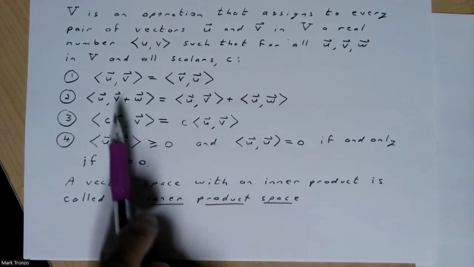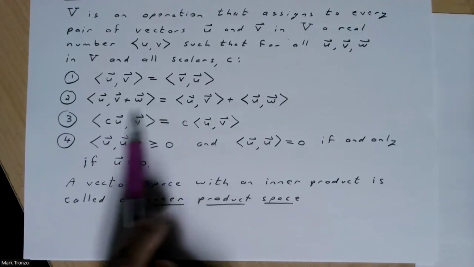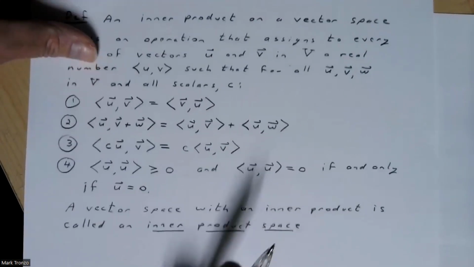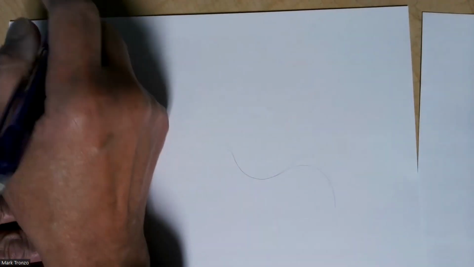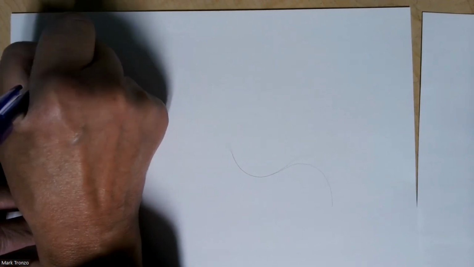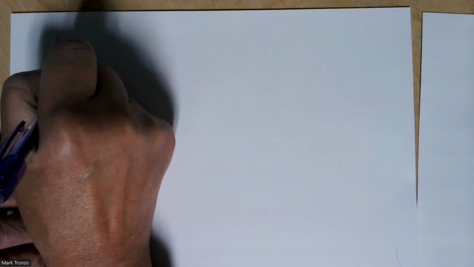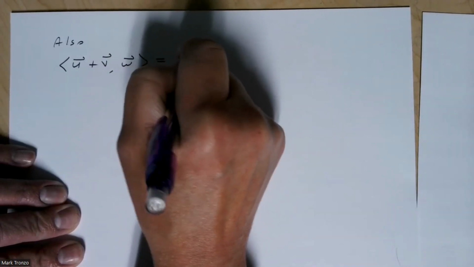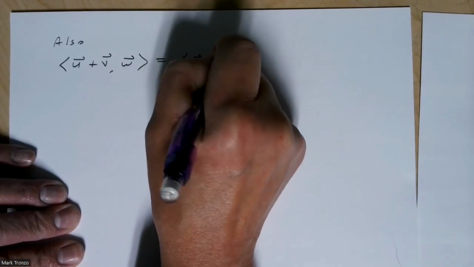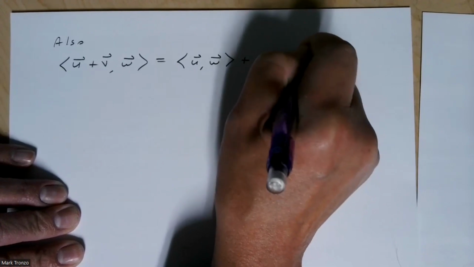One thing, just a note here: notice up here that you have this property. You can also show that if you have <U + V, W>, that's going to be <U, W> plus <V, W>.